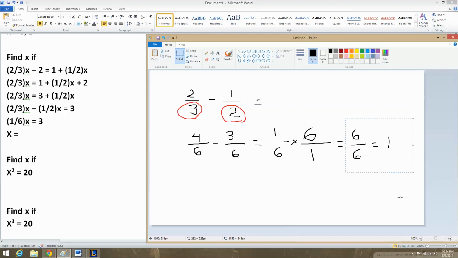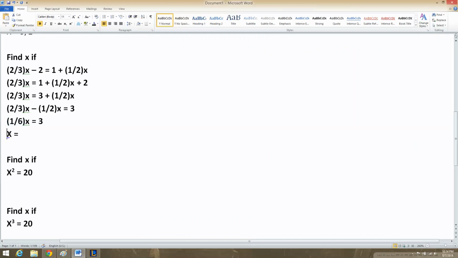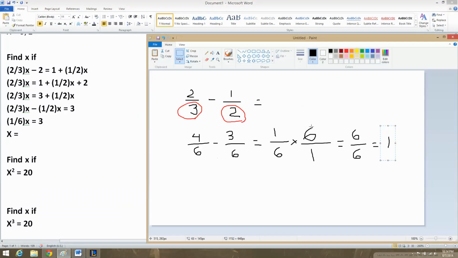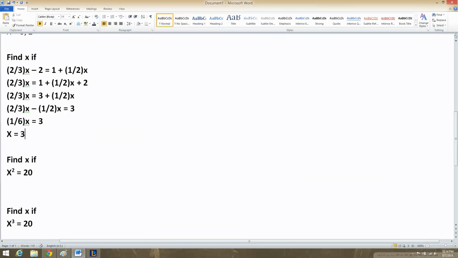Since that's 1, this can end up being 1x, and 1x is, as I said before, just the regular x. What we did to the 1 over 6 is multiply by 6 over 1, so we're going to do that to the right side as well. So 3 times 6 over 1, and 6 over 1 is 6. So we're just going to leave it as 3 times 6, and the answer to that will be 18.